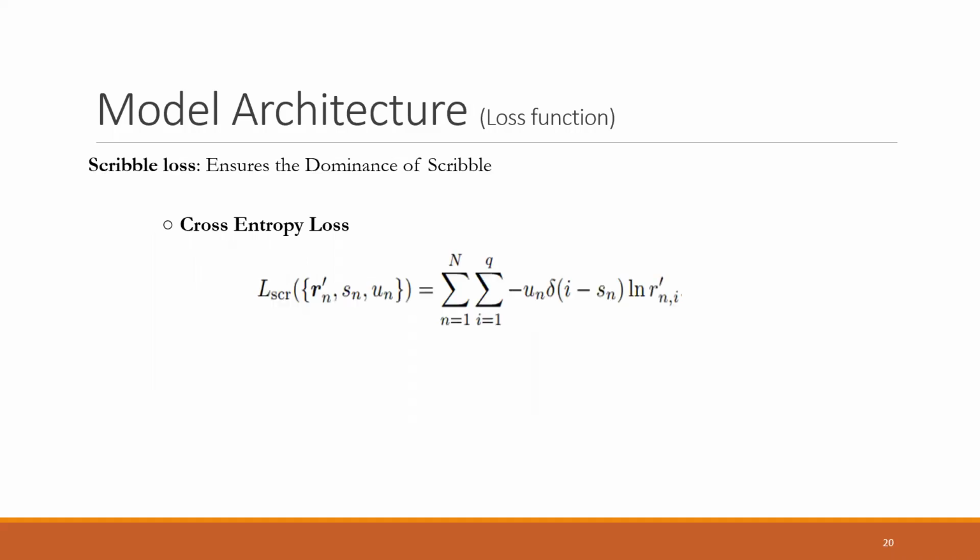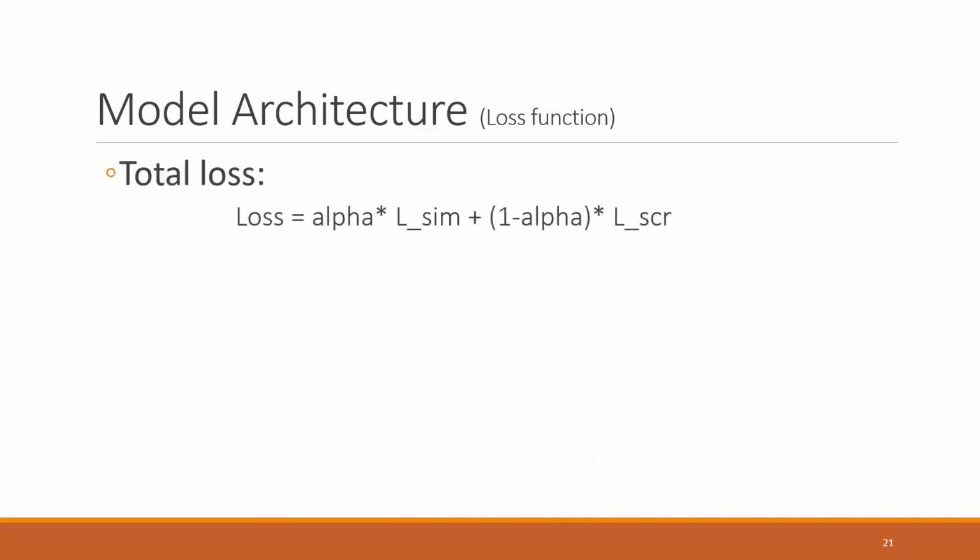We also used a cross entropy loss to formulate the scribble loss that handles the agreement between the scribble and the output spot label. The total loss is computed as alpha times L sim added to 1 minus alpha times L scribble. Here alpha is a hyperparameter.